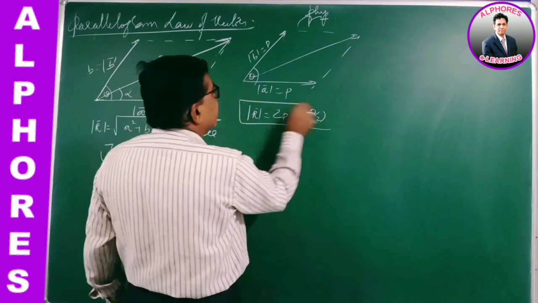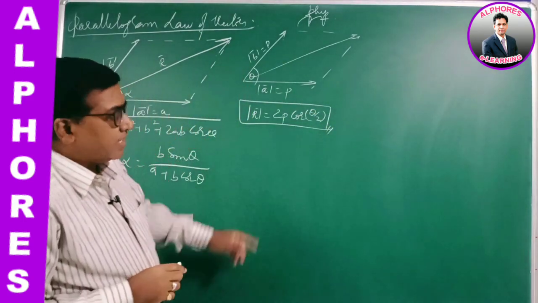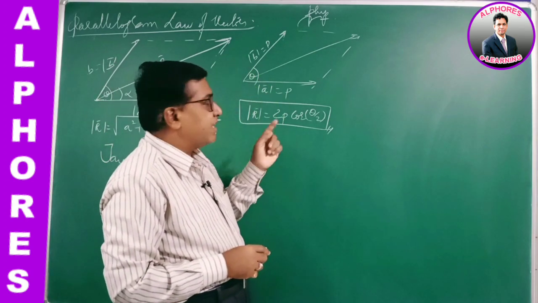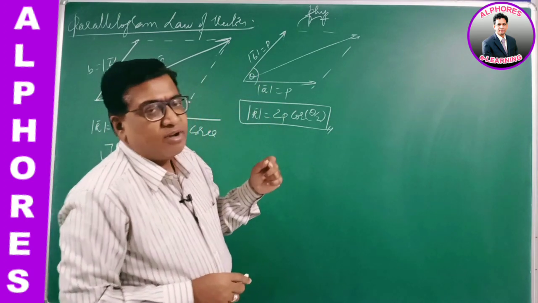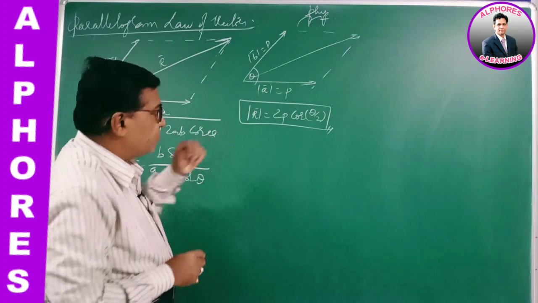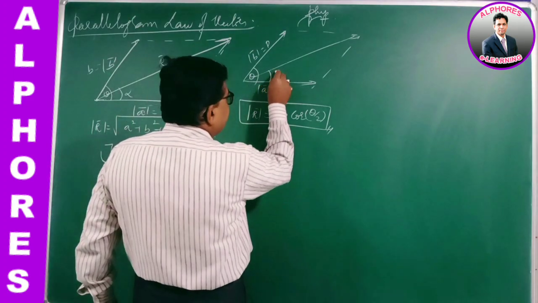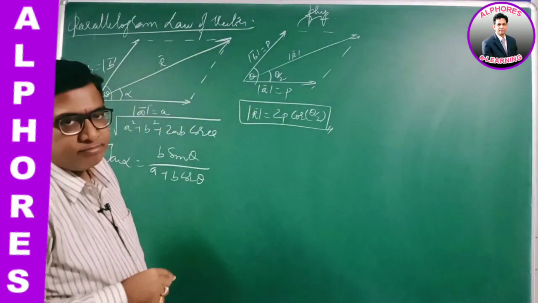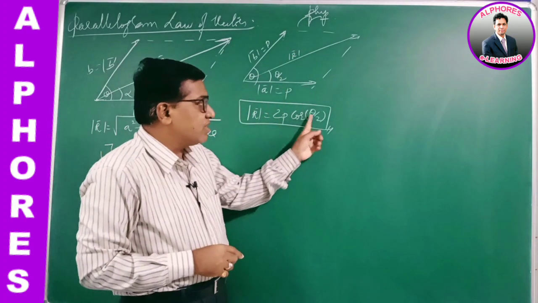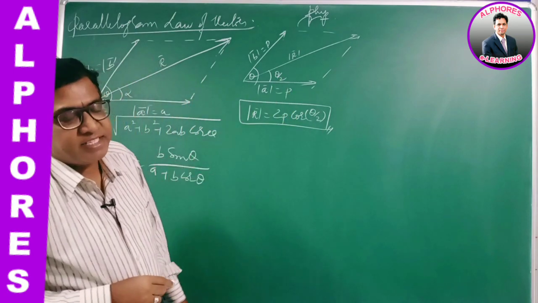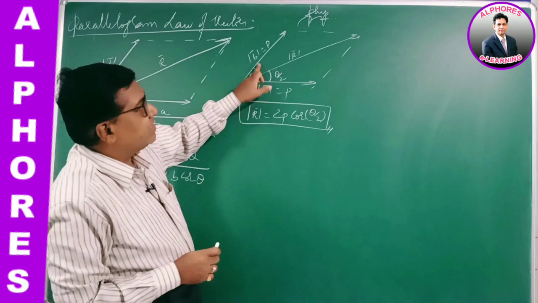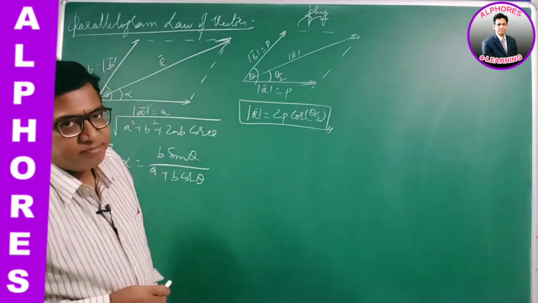The magnitude of the resultant is 2p cos theta by 2, and the direction of the resultant will be the angular bisector of the two vectors. So the angle is theta by 2 with each vector.